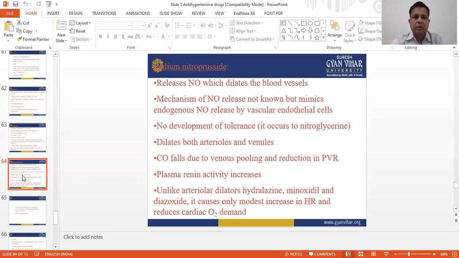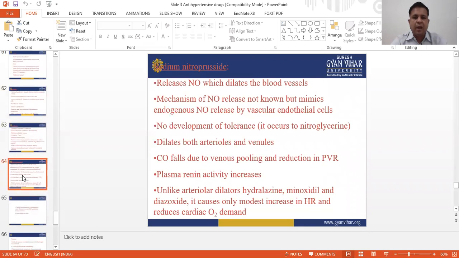There is no development of tolerance. It dilates both arterioles and venules. Cardiac output falls due to venous pooling and reduction in peripheral vascular resistance.